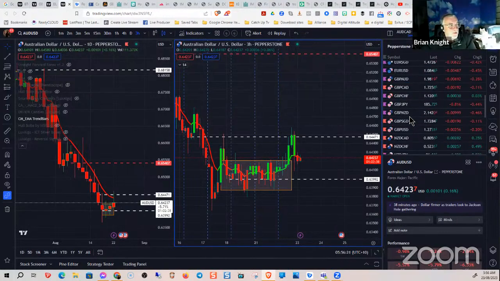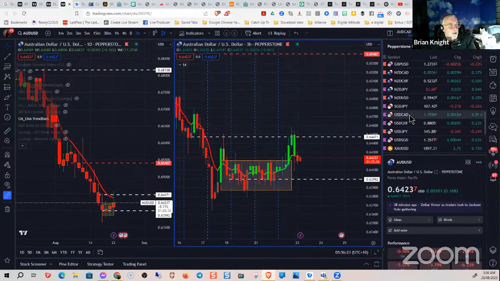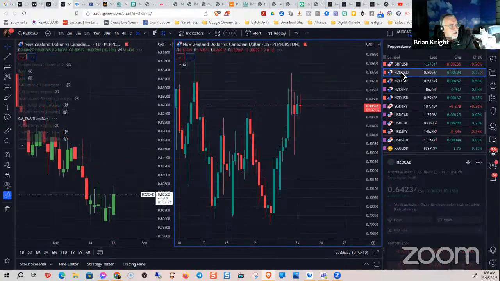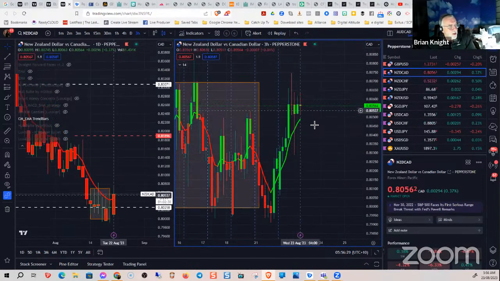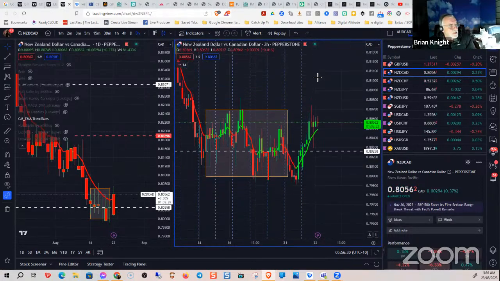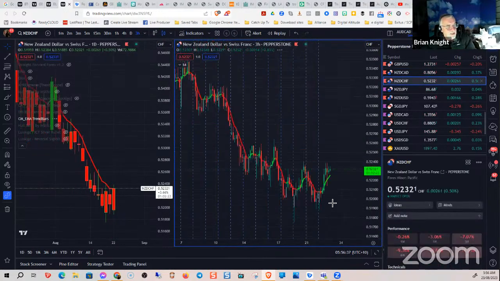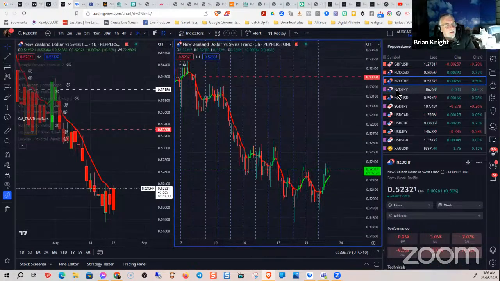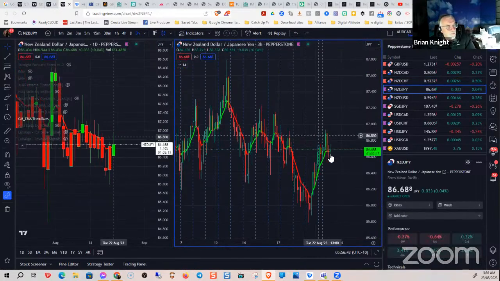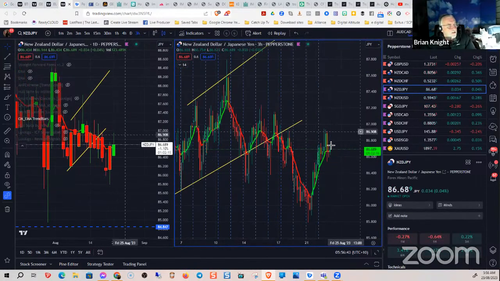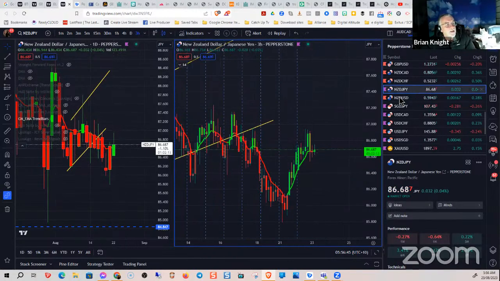I suppose if you come down here very quickly, where are we? If you go to NZD CAD, see what happened, pull back up, similar sort of thing, and you look at it, sell, but it's done that pullback up. NZD CHF, same thing, see the pullback up there. NZD JPY, pull up and starting to go back down again. Oh, it is pulling up a little bit just there.